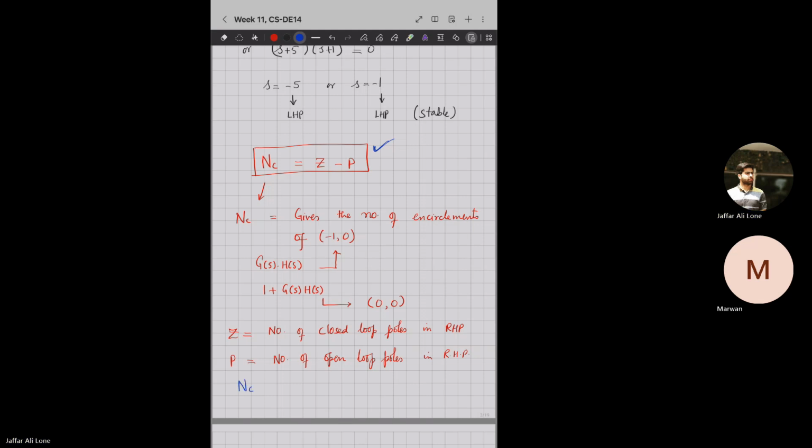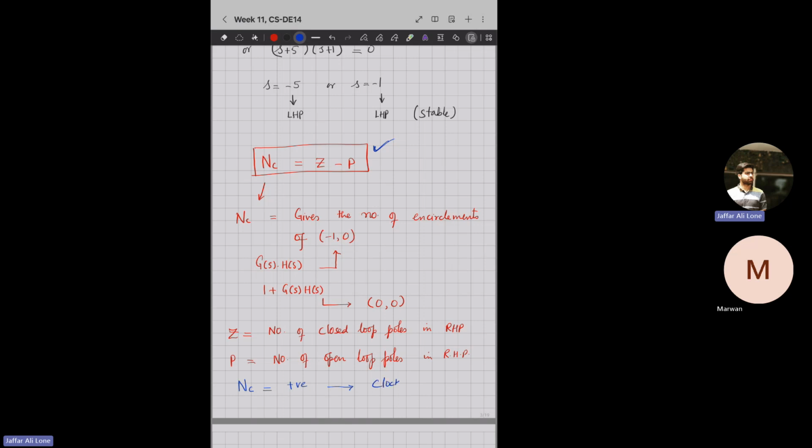If NC is coming out to be positive, that means the encirclement is in the clockwise direction. You are encircling the point in the clockwise direction.